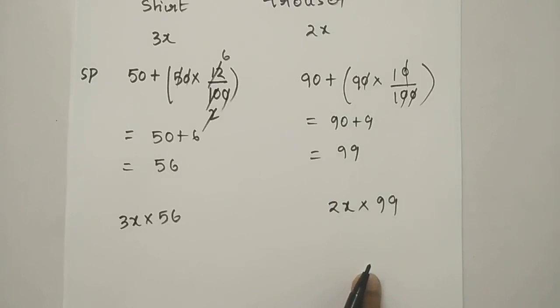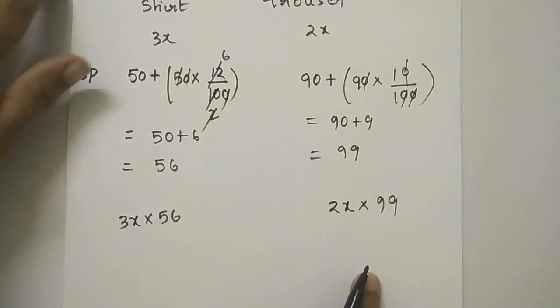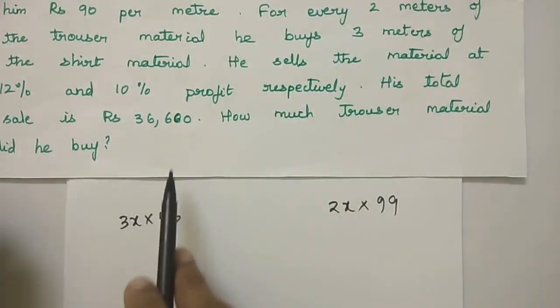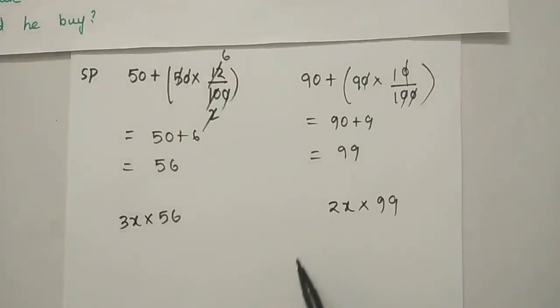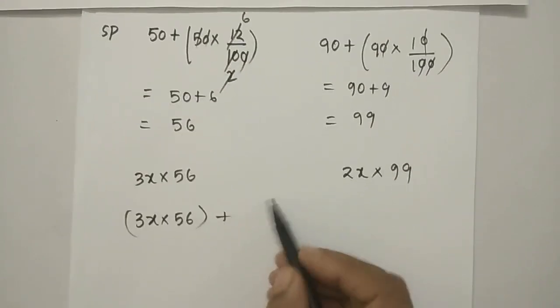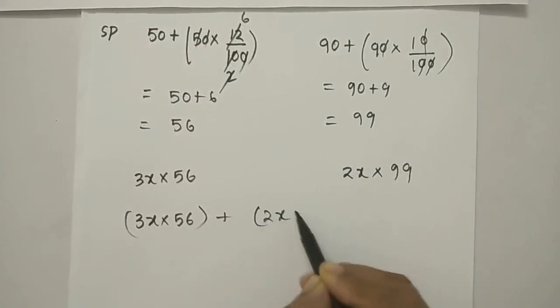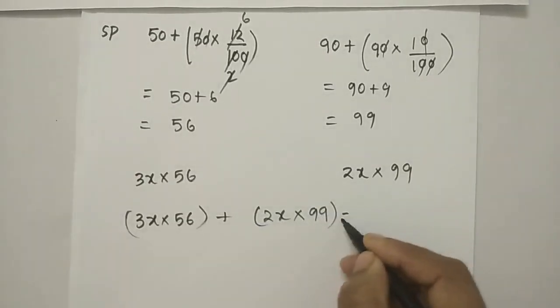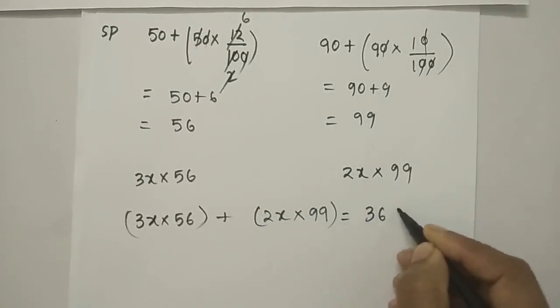Now the condition to form the equation is given as total sale is equal to 36,600. So we have to add these two terms: 3x into 56 plus 2x into 99 equal to 36,600.